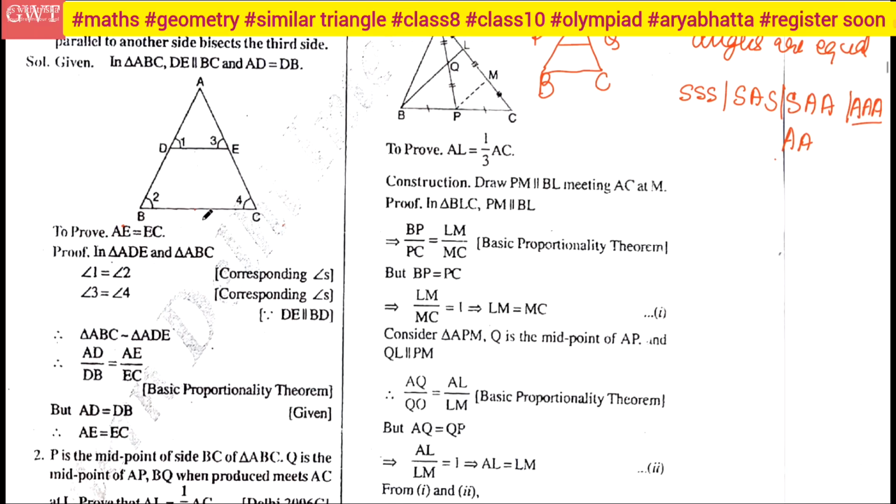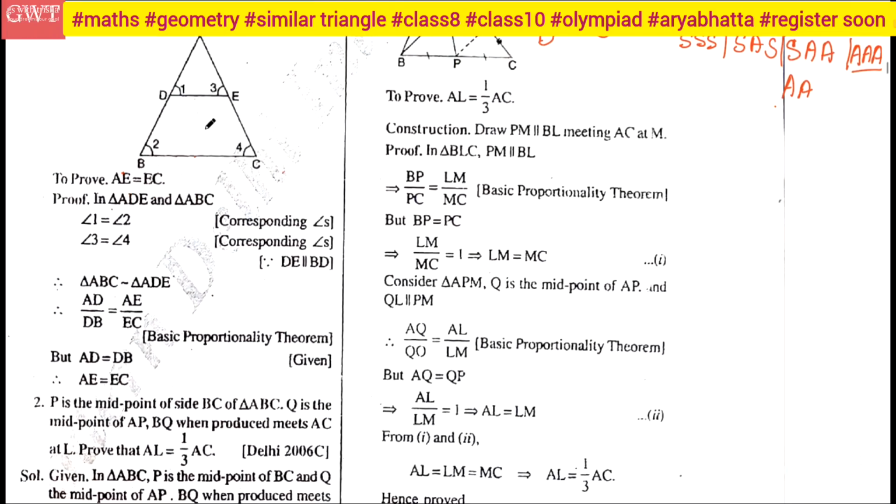So when angle 1 and angle 2 are corresponding and they are equal, similarly I can say angle 3 and angle 4 are equal because of corresponding angles. Just like AB is a transversal line, similarly AC is also a transversal line. So I can say that these two angles are equal.